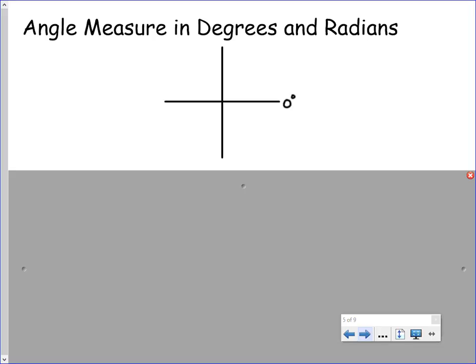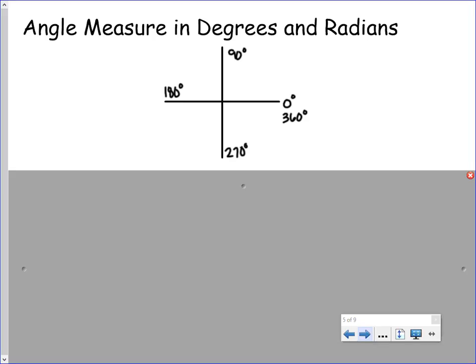Then, as I move counterclockwise, I'm going to count by 90, because we're going by right angles. So we go 90, 180, 270, and back to 360. Those numbers should be familiar to you. How would that change if we were talking about negative angles?